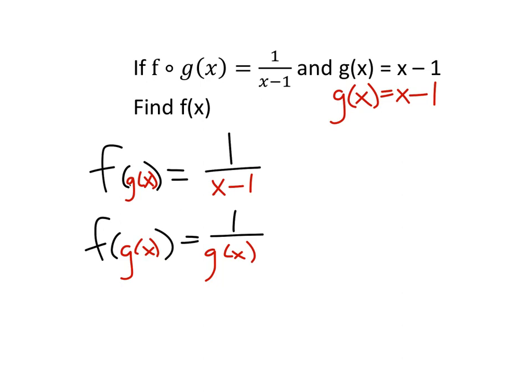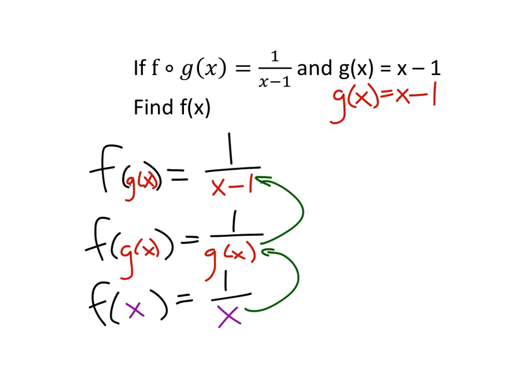So that means that f of x would have to equal 1 over x. I guess that's working backwards. We could go back the other direction just to make sure. I would replace this x with the g of x, which is really x minus 1, which is what it shows us in the beginning right there.